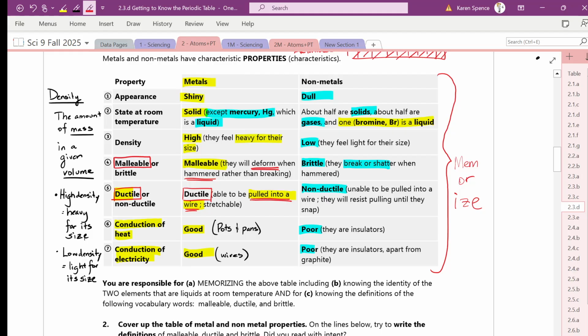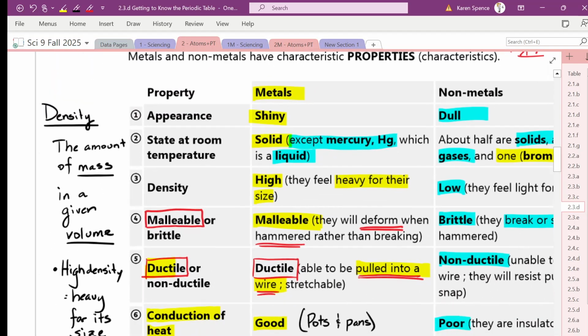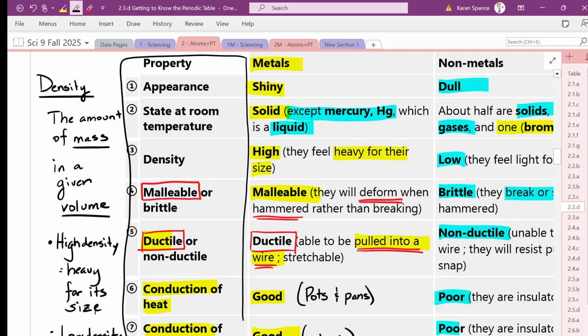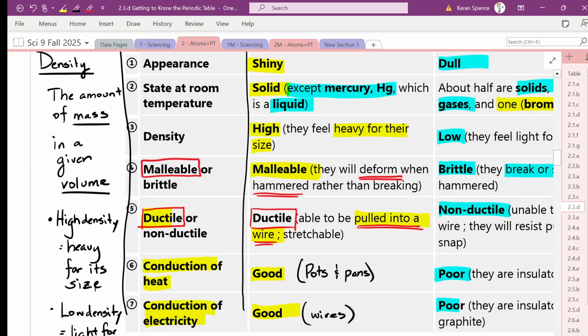If you want the regular quiz, the column on the left-hand side will be given to you. It will say appearance, state at room temperature, density, and then it won't say malleable or brittle. It'll say what happens when you hit it with a hammer and what's the word.